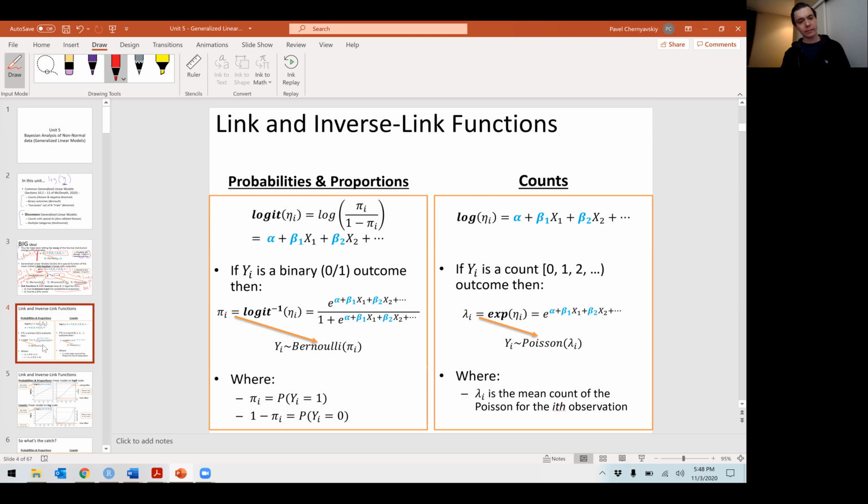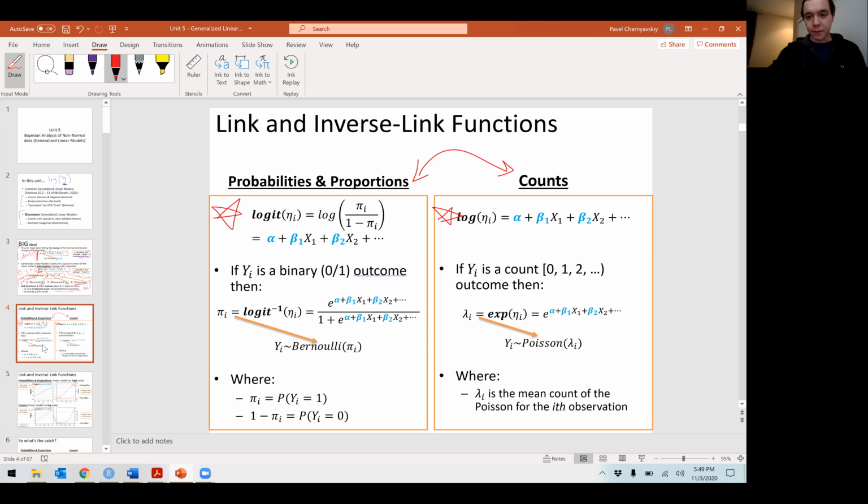A little more precisely, I'm keeping the probabilities and proportions and counts on the same slide because I don't want you to think that there's anything special statistically about dealing with them, at least not in the GLM, Generalized Linear Model sense. There's nothing all that different between counts and probabilities and proportions, other than the special function that we use.